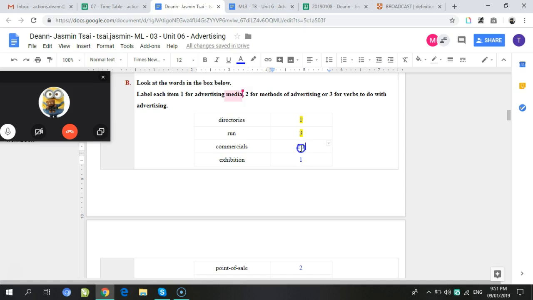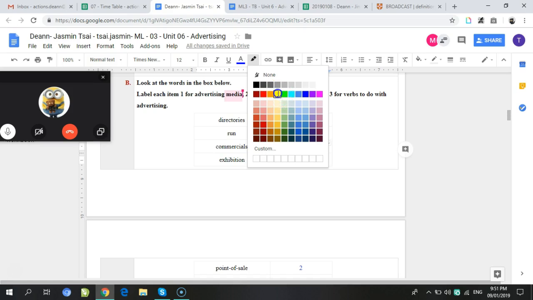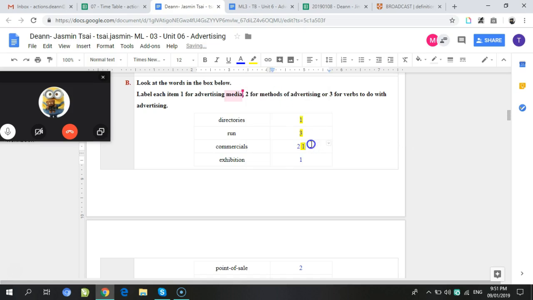Instead of 2, it should be 1 because it is not a method, it is already a medium. For advertising, we can have commercials, leaflets, or maybe brochures or billboards.